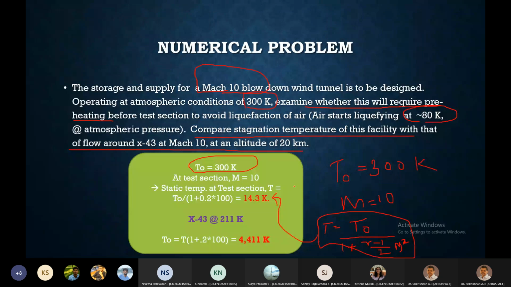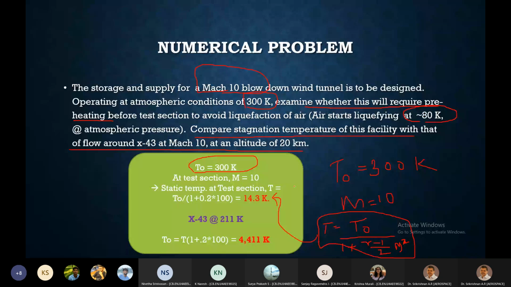Particularly since air liquefies at 80 Kelvin, it means that without preheating you cannot operate this facility with T0 equal to 300 Kelvin. You may have to heat it to, I've not calculated it, but maybe 900, 1000 or 1100 Kelvin prior to taking it to the test section.